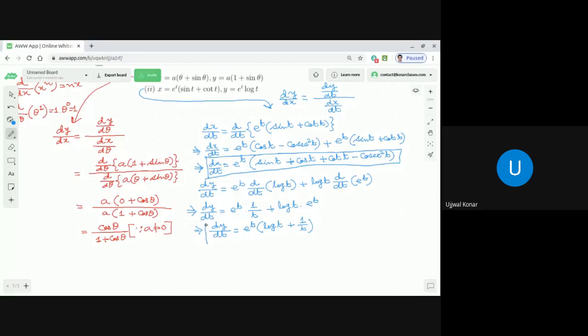So what we need to do? We need to apply these two and find the value of dy/dx here. Correct or not?